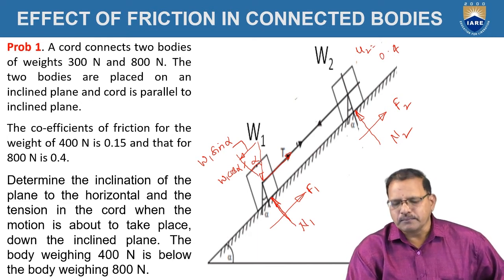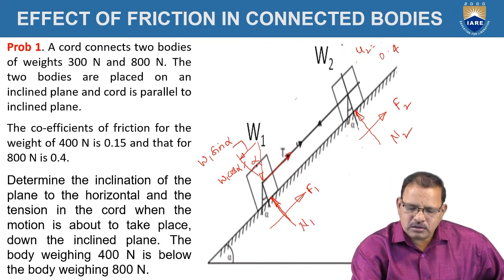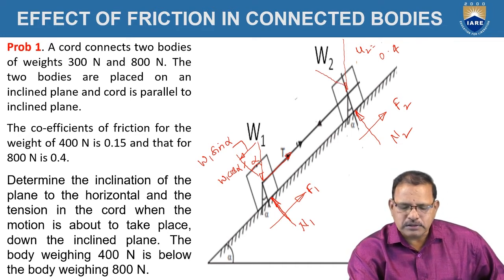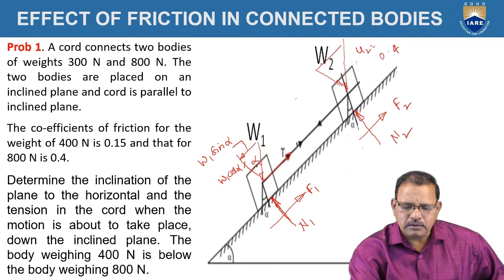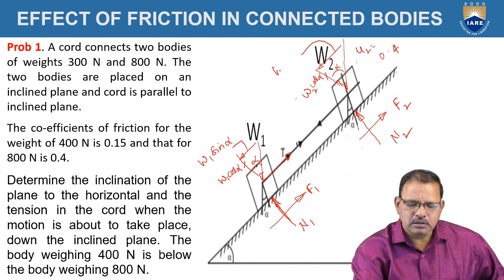Similarly, for the second body, the weight is perpendicular to the ground, and this force is also resolved into two components, perpendicular to the plane and along the inclined plane. The perpendicular component is W2 cos alpha, and the component along the plane is W2 sin alpha.